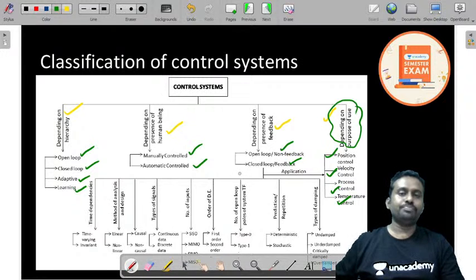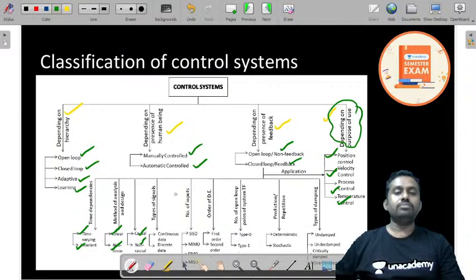temperature control system. And again, you can further classify these. Closed loop control systems can be further classified based on time dependencies as time varying or time invariant control systems, or based on method of analysis and design as linear and non-linear control systems, and causal and non-causal control systems.